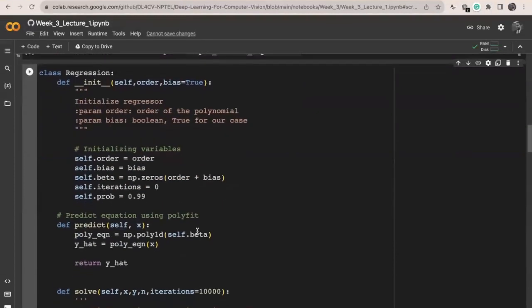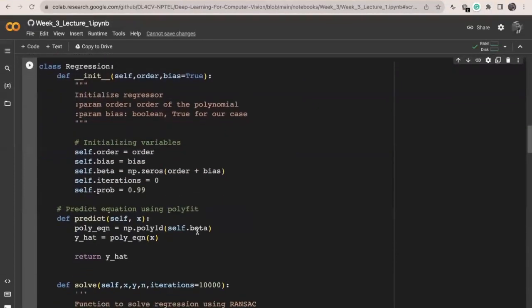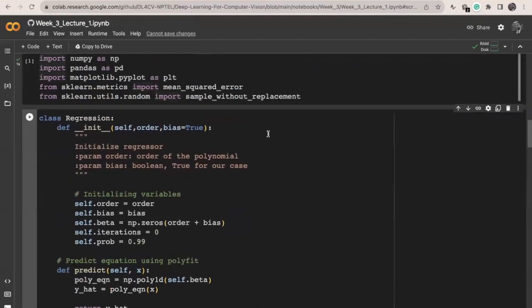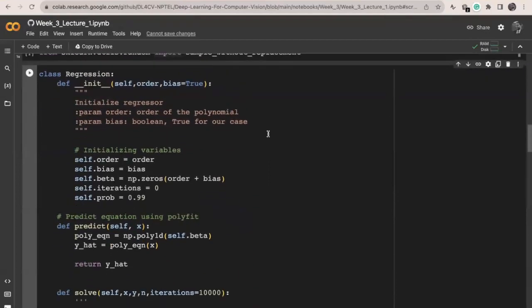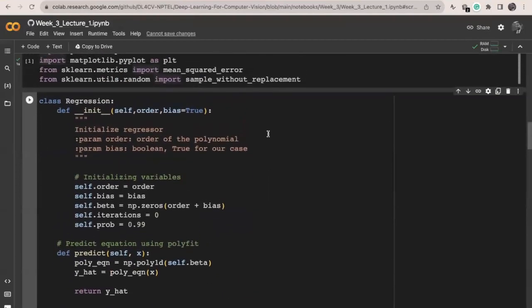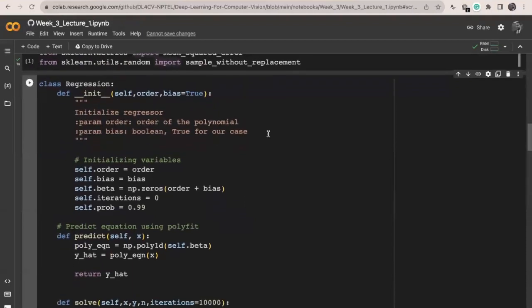Great. Then coming to the regression part, there is a class that is written for regression, but you can use the scikit-learn library for that as well. But since we're doing it for the first time, it is better to always code it up.